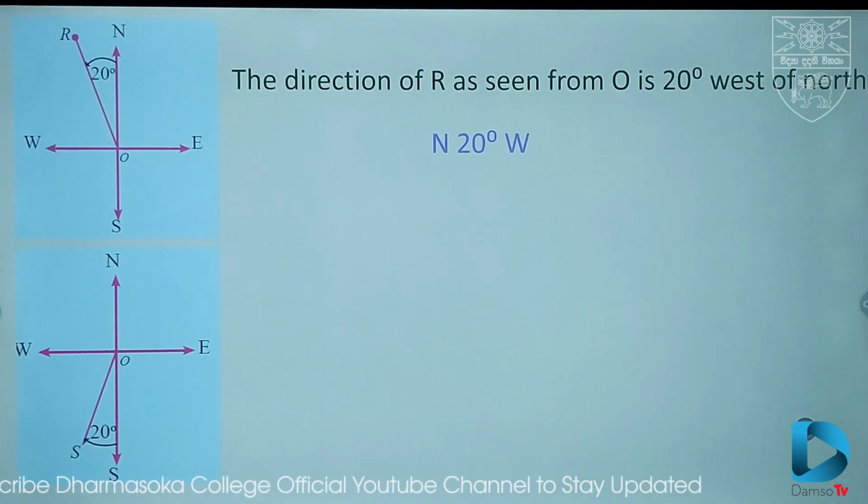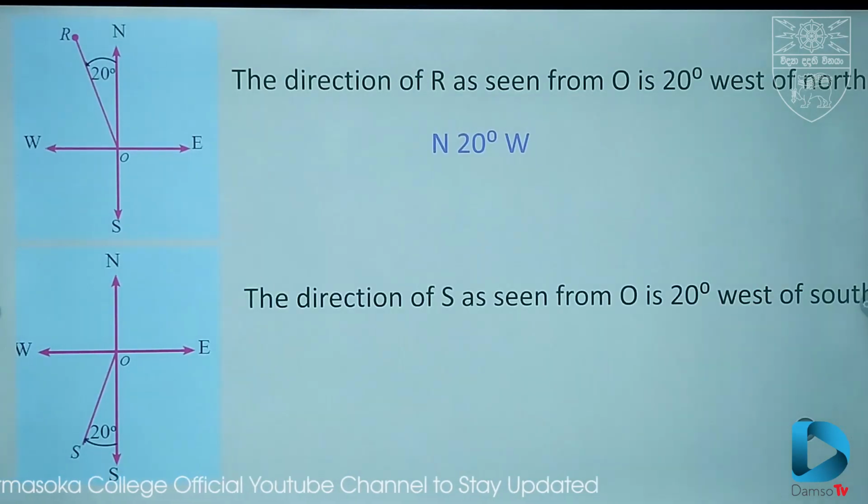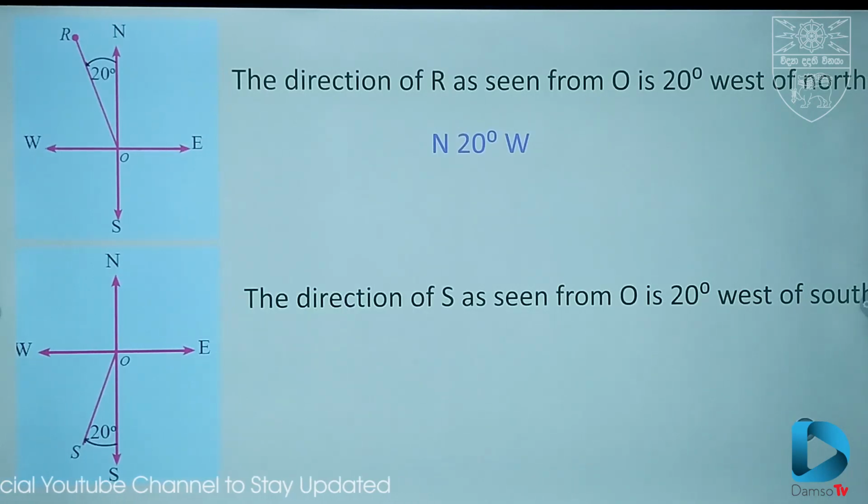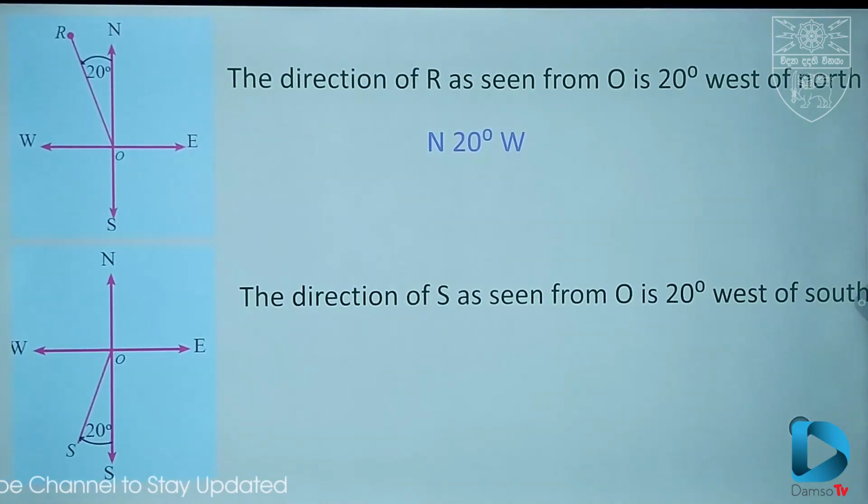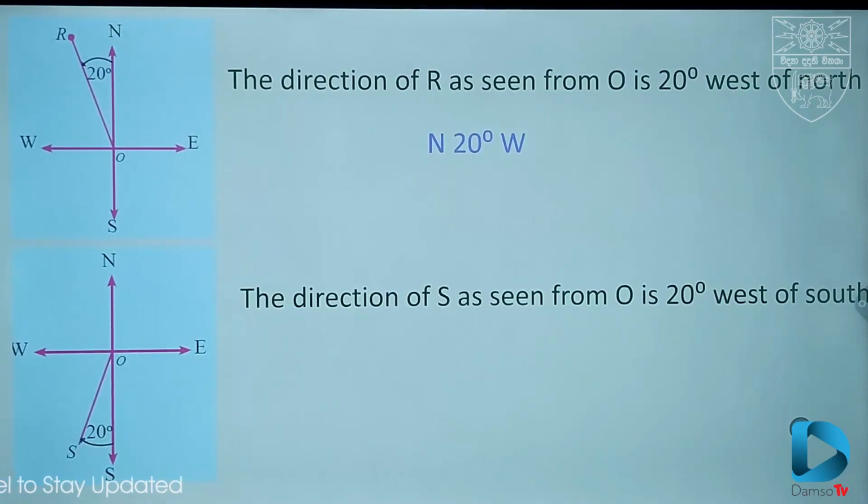Look here. The direction of S as seen from O is 20 degrees west of south. 20 degrees west of south. We can write it S 20 degrees W. S means south, W means west.